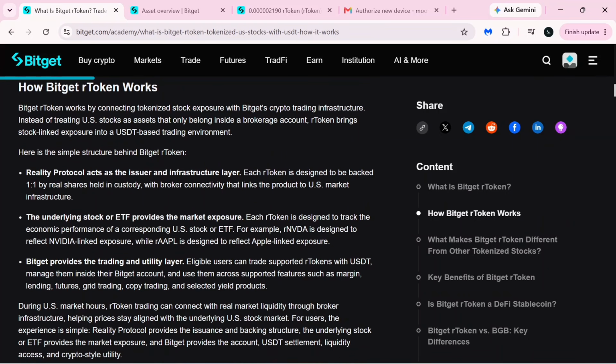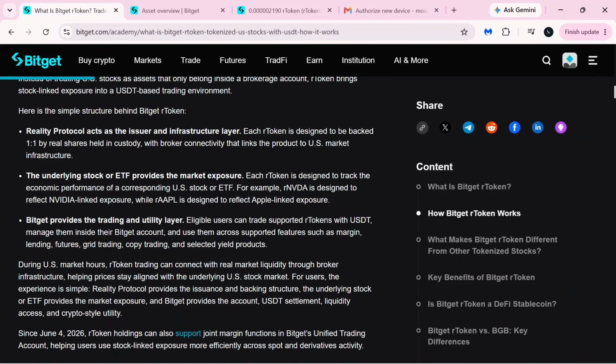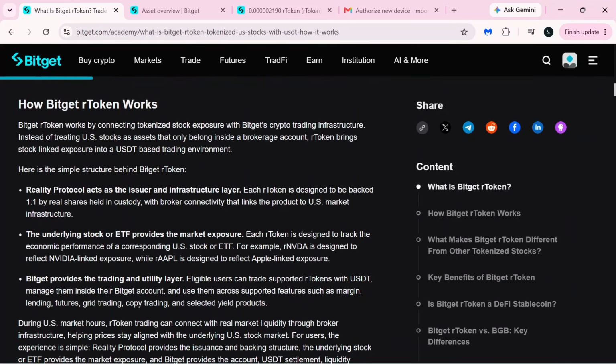And so how the Bitget R token works in a nutshell. It works by connecting tokenized stock exposure with Bitget's crypto trading infrastructure instead of treating US stocks as assets that only belong inside a brokerage account. So again, it brings stock linked exposure into USDT based trading environments.